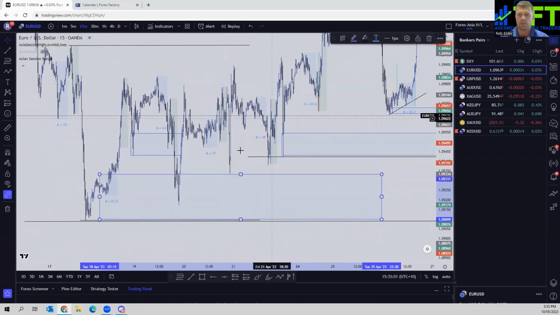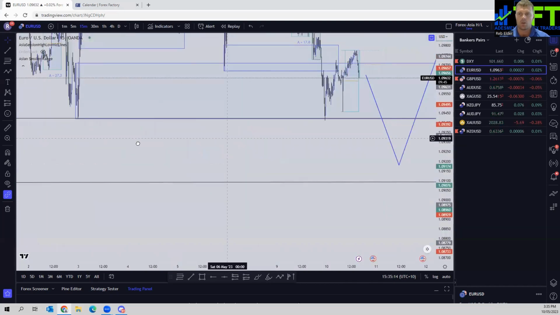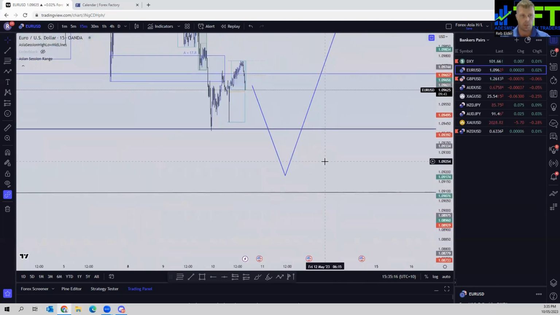We see it's been tapped here. We did have a big pullback here, but I think anywhere within that area we would be looking to go long from, as long as it takes that low side liquidity there. I think we'll be looking to go long from there, provided the news accommodates that.